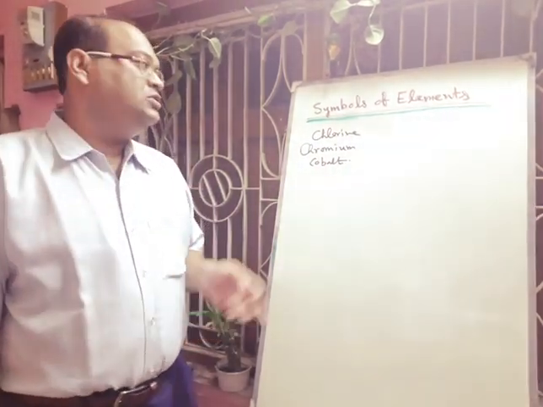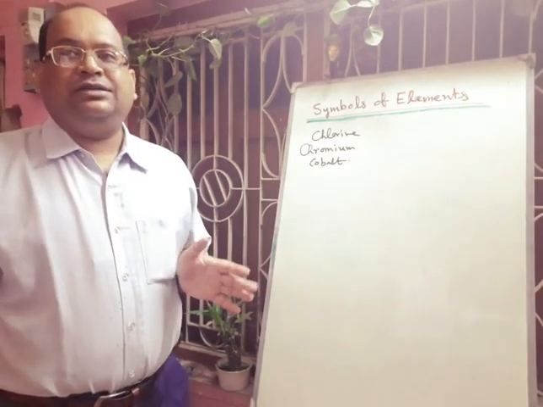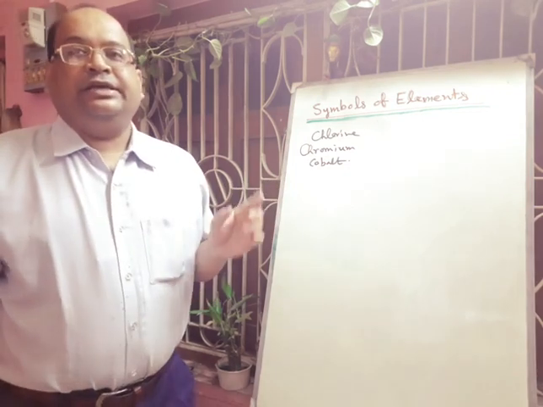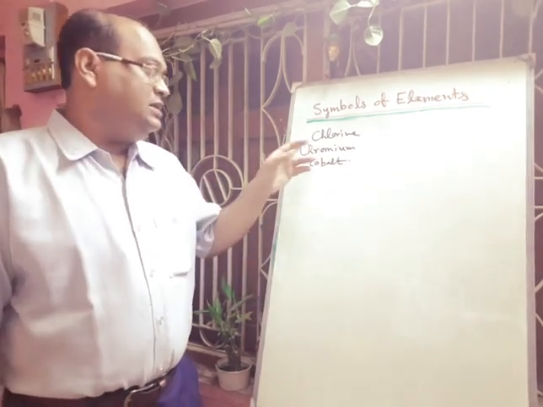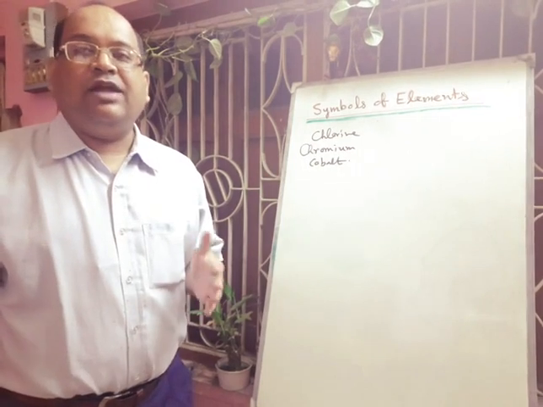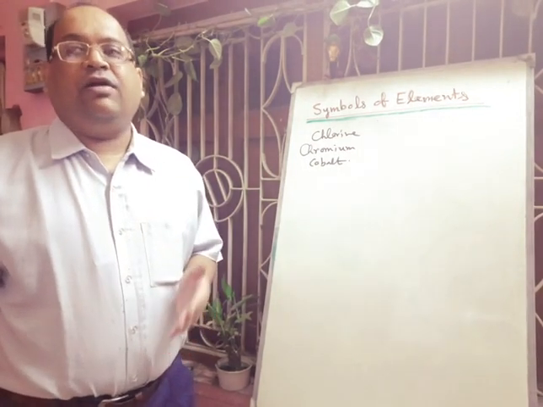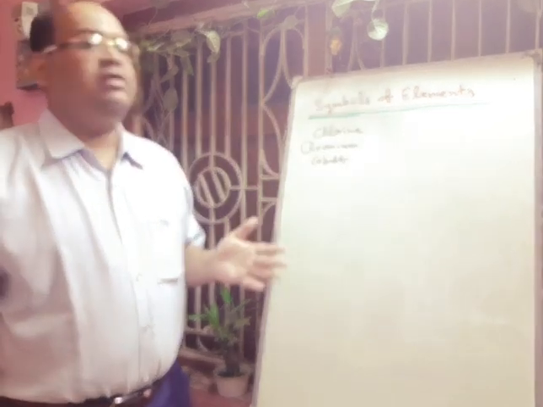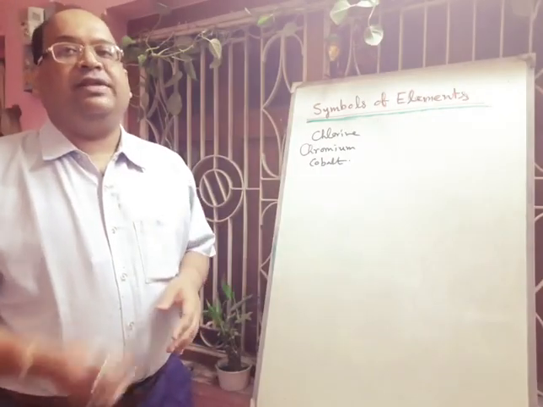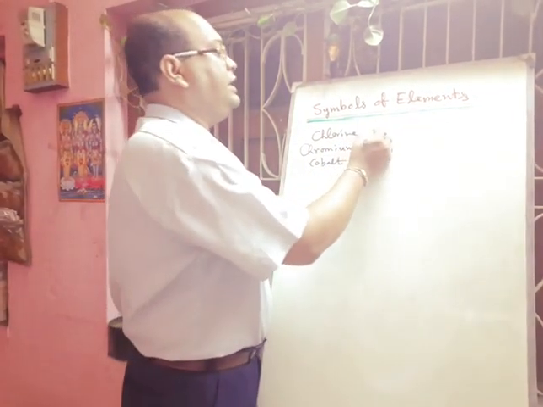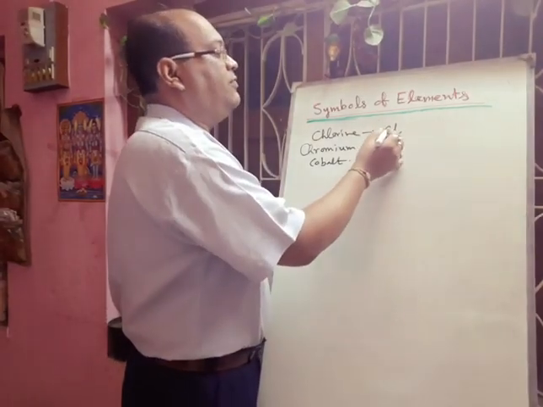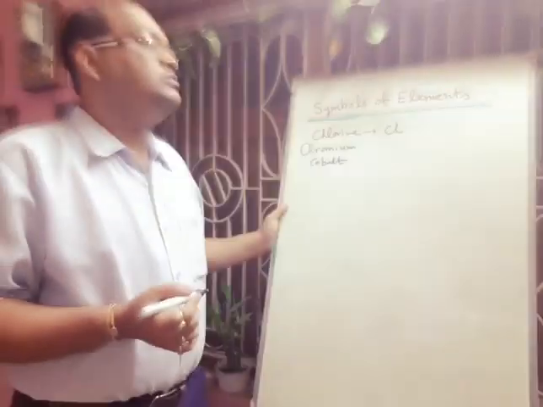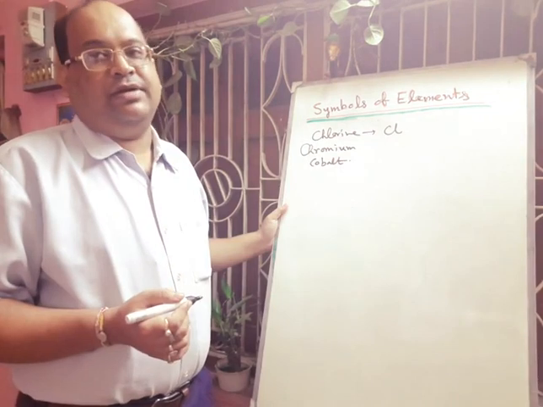Hope you can understand. So in this case, what Berzelius chose is that the first letter you have to choose and then one prominent letter of their English name is taken for representing the symbol of an element. So in chlorine we are taking C and L. So the first letter is the capital and the second letter is the small. That you have to remember.